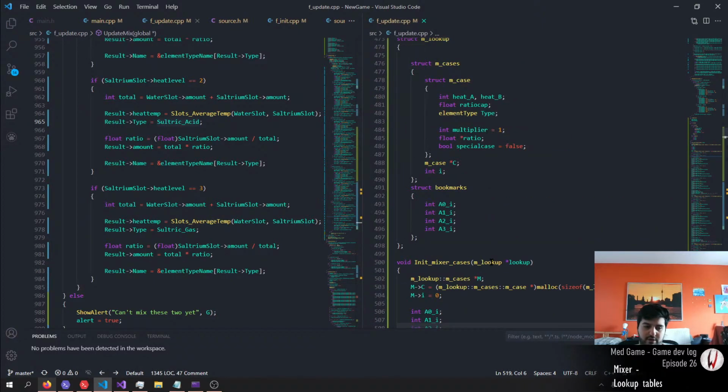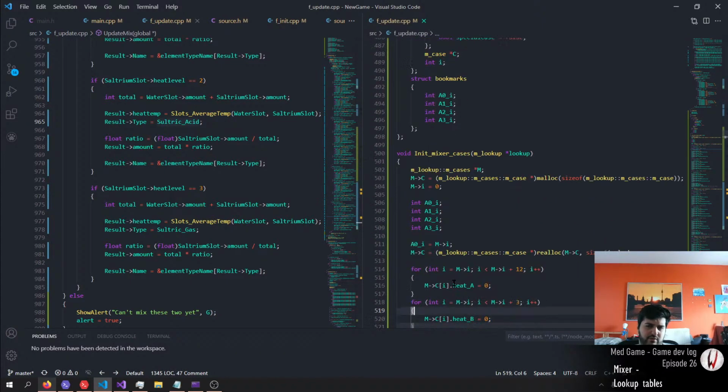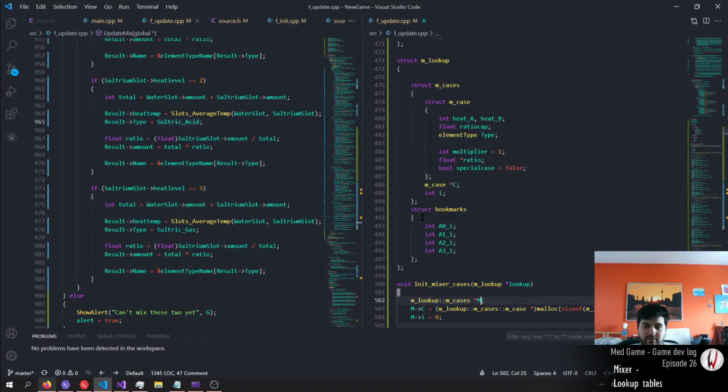You passed the whole lookup table. Yeah, I think so. Equals lookup dot. There is nothing inside of it. What is inside lookup?